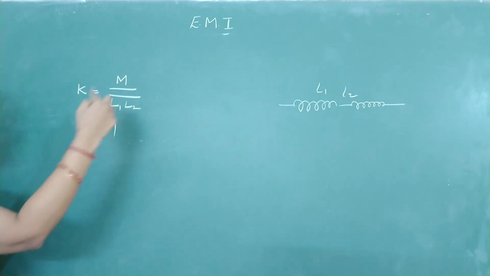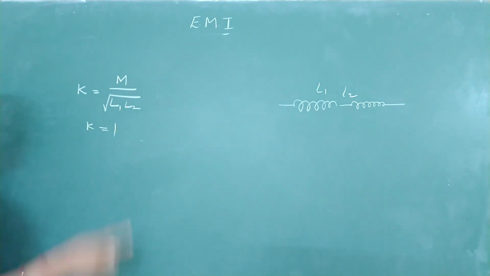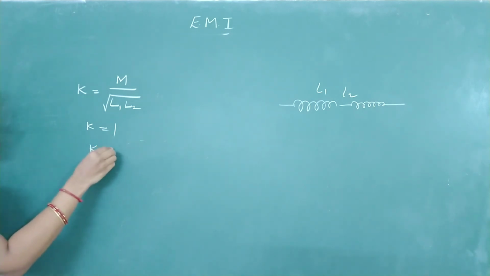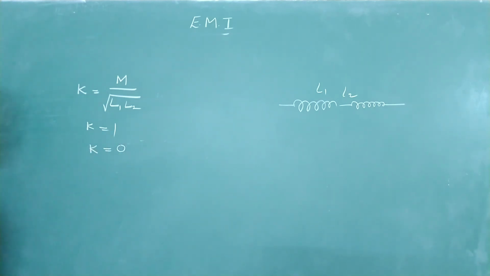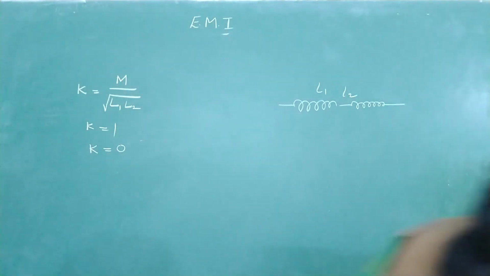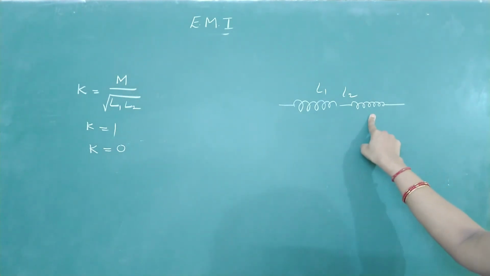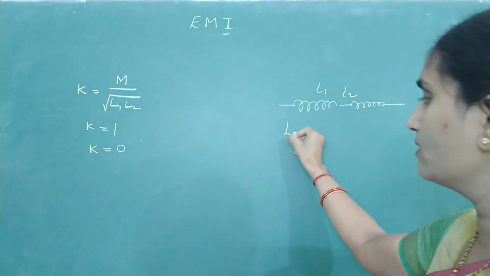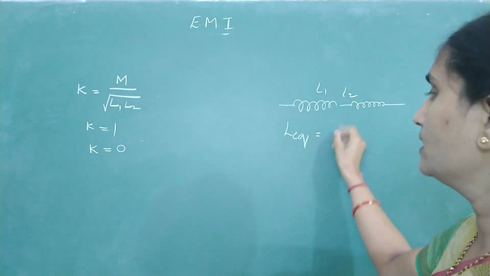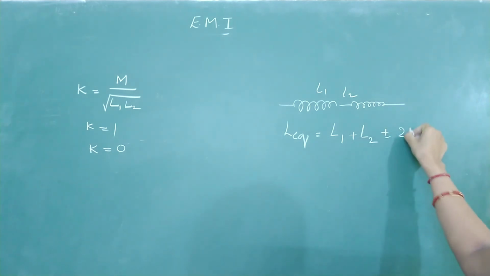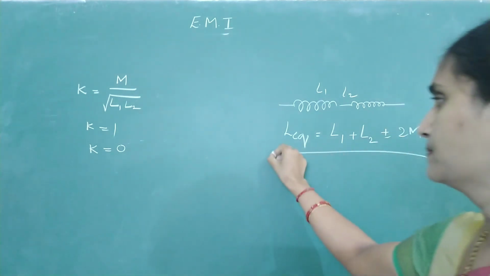That means the flux of one coil is completely entering the second. If there is no coupling between them, the value of K is 0. If two inductors L1 and L2, having a mutual inductance M, are connected in series, the equivalent inductance is given by L1 plus L2 plus or minus 2M.